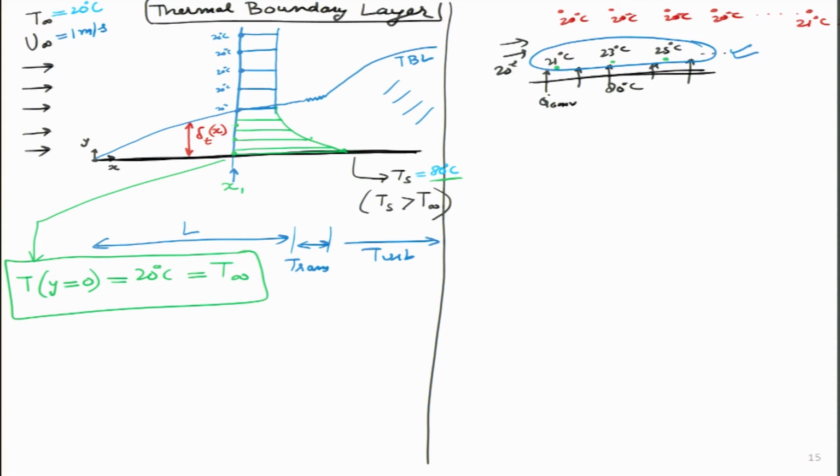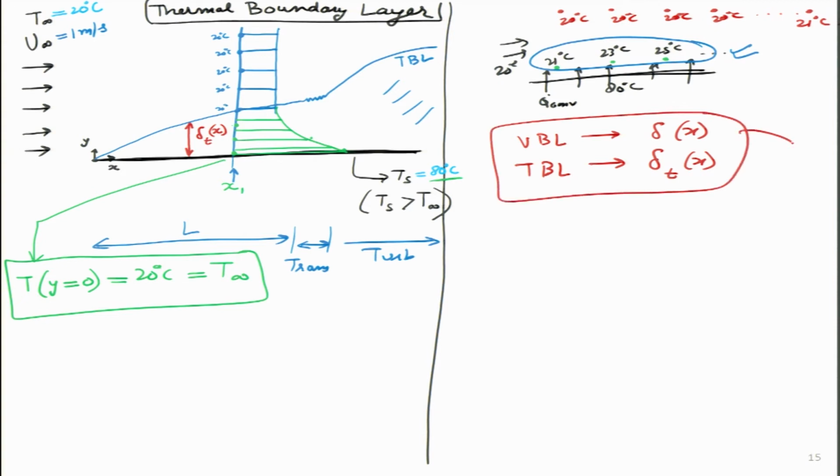The velocity boundary layer height I have denoted as delta x, and the thermal boundary layer height I have denoted with the subscript T, T for thermal. And they may or may not be equal, it is not necessary that they are always equal. It can be equal and it can be unequal. So it depends on the fluid property. We will come to that in just a minute.